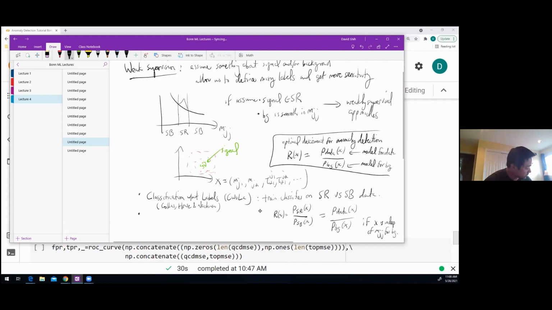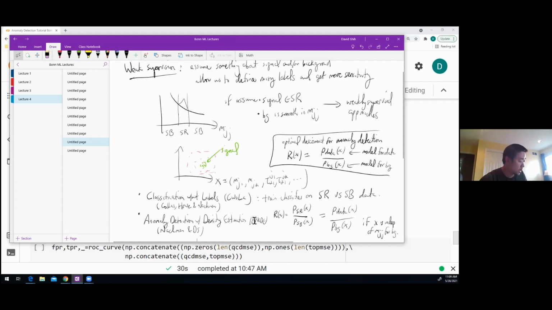And there's another method which Ben and I came up with, anomaly detection with density estimation, or ANODE. Okay. And it's more complicated.